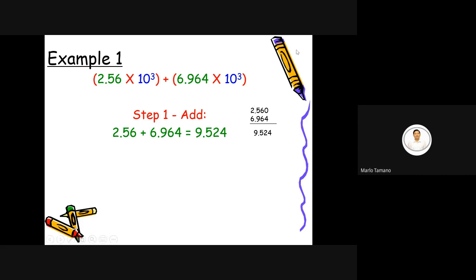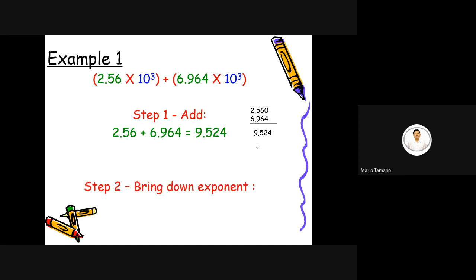So, 0 plus 4 is 4. 6 plus 6 is 12. Carry 1. So, 1 plus 5 is 6, plus 9 is 15. Carry 1. 1 plus 2 is 3, plus 6 is 9. Is it correct? So, 9.524. That is our sum of the decimals.